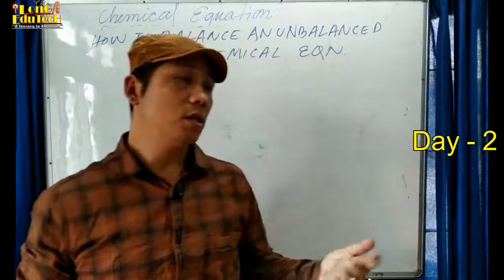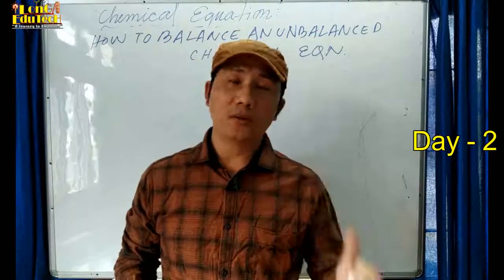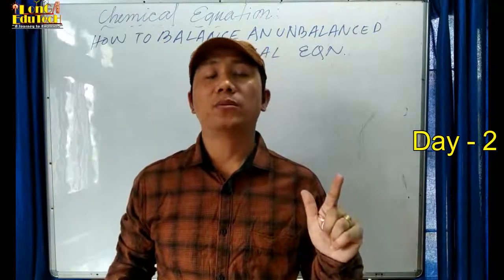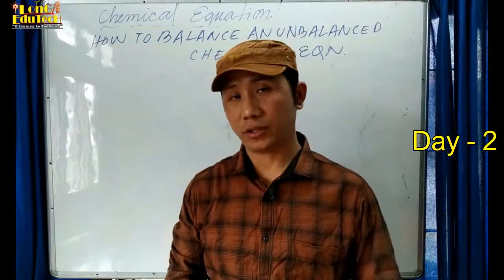As we already know, by the law of conservation of mass, not only the mass but the number of atoms also must be equal. So we are going to balance and unbalance chemical equations.